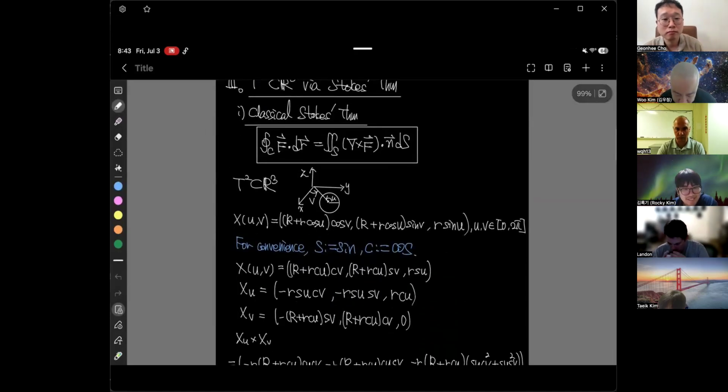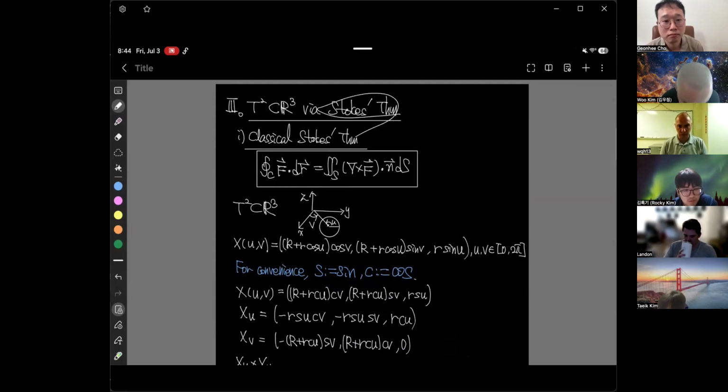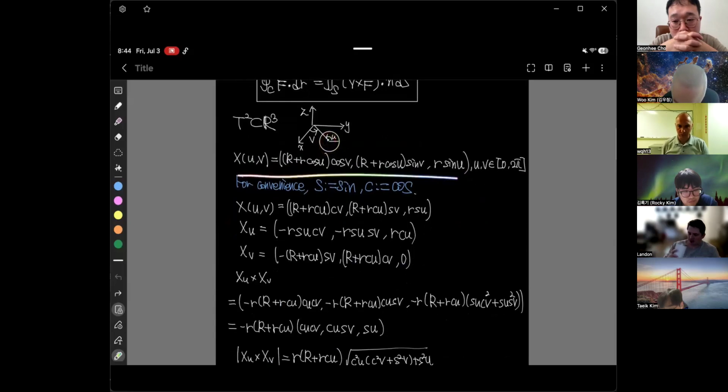And then what about the torus, embedded in R3? I'm going to use the Stokes theorem. So classical Stokes theorem, as we already saw earlier, and the parameterization, we've done this computation so many times.